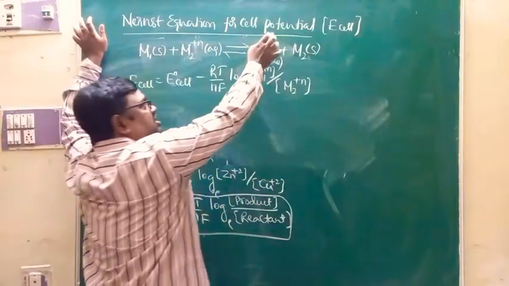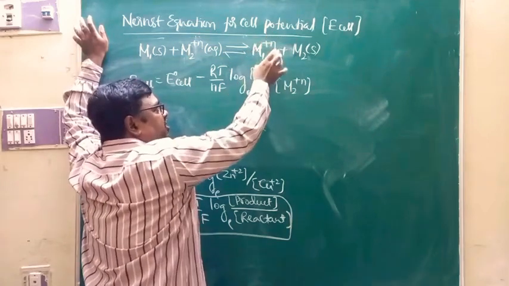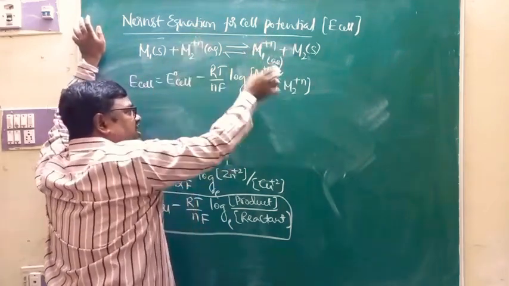Therefore, the molar concentration of ion in the product side divided by the molar concentration of ion in the reactant side.